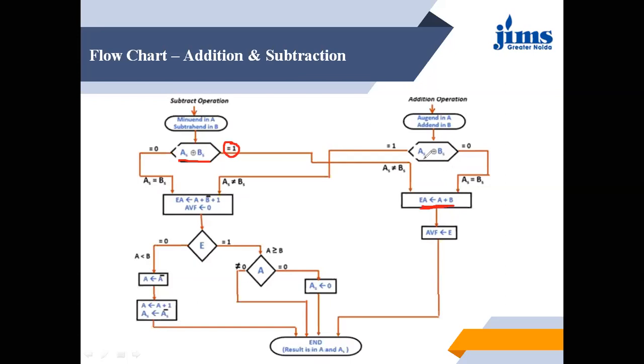And when the signs of both the values are different, then this is equal to 1. It means it will perform the function of subtraction. As I told you, these two work complementary, so we have to decide whether it will work as a subtractor or an adder. So this was the basic concept behind this.